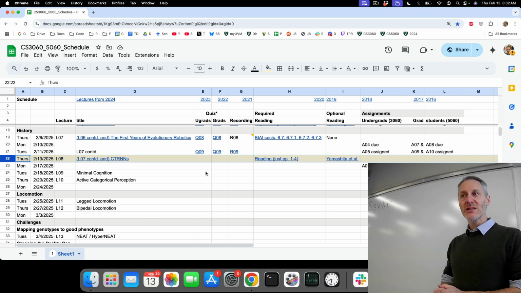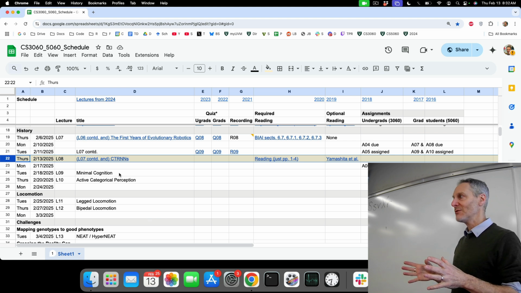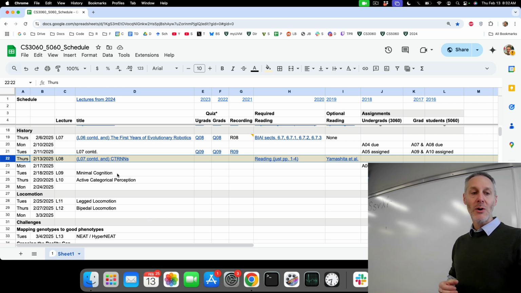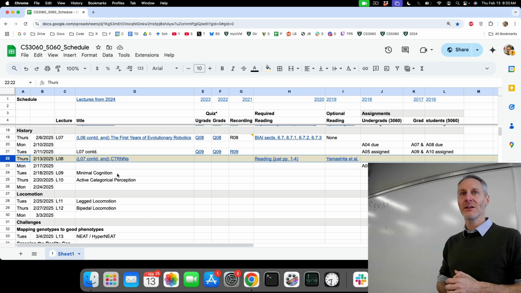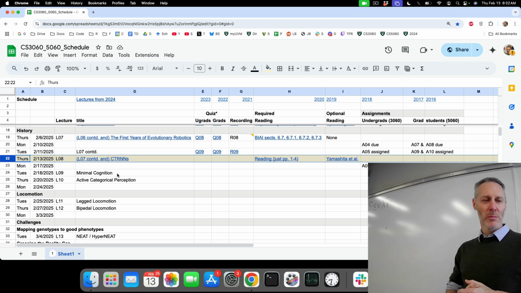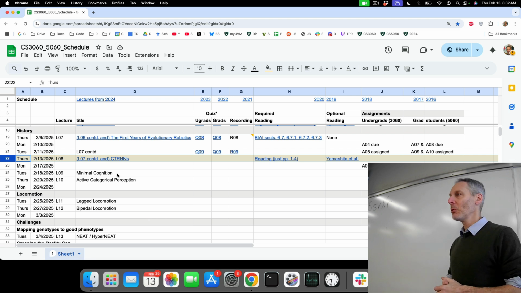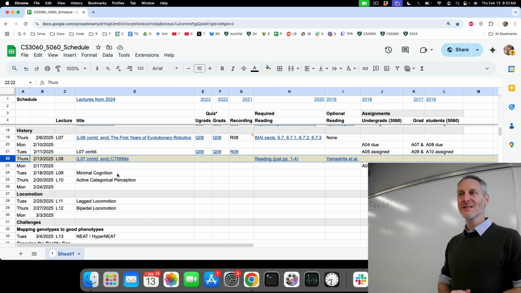Why are we going to talk about CTRNNs? Because they were used in another set of initial experiments in the field, known retroactively as the minimal cognition experiments, which we probably won't get to today, but we'll talk about the CTRNNs, which are a particular type of neural network inside the minimally cognitive agents.